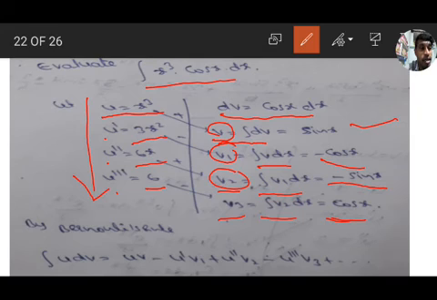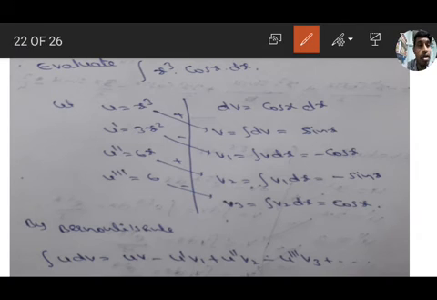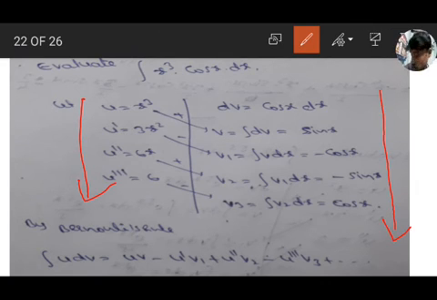Now Bernoulli's rule: integration u dv equal to uv minus u dash v1 plus u double dash v2 minus u triple dash v3 plus so on. We calculated the derivatives, its integrations, and the formula. The u dash, u double dash, u triple dash are successive derivatives, and dv, v, v1, v2, v3 are successive integrations.